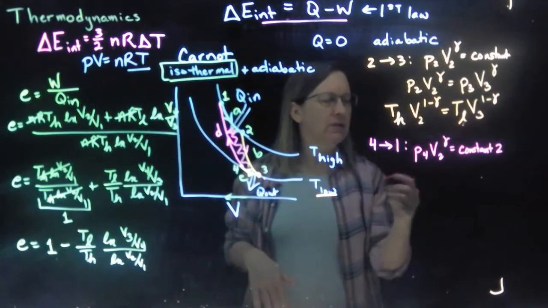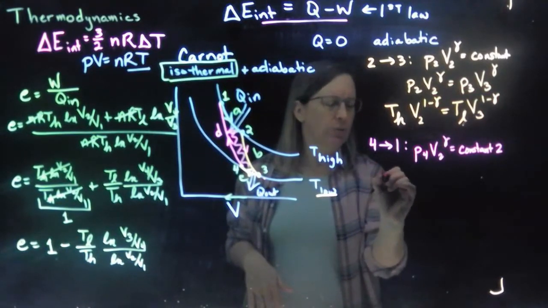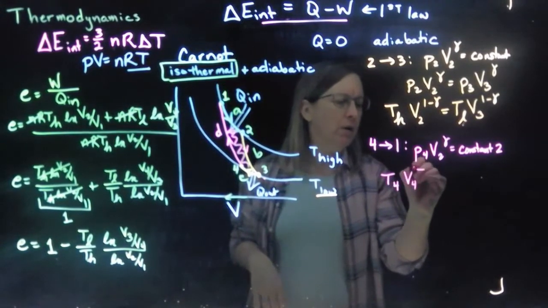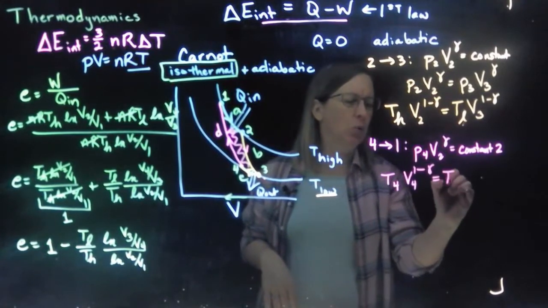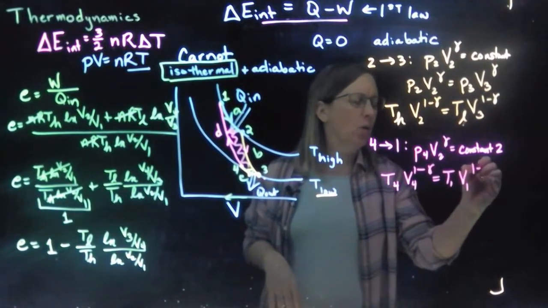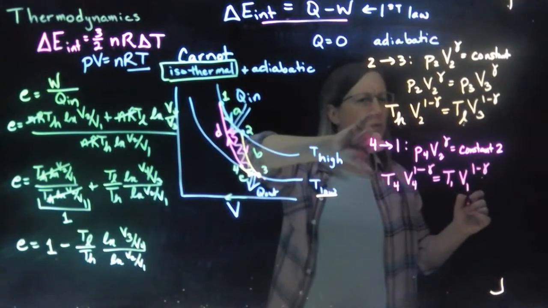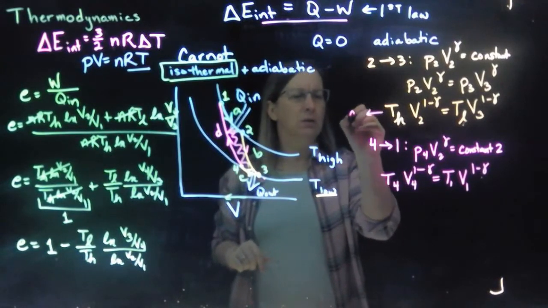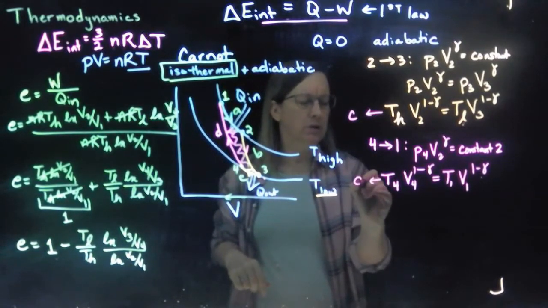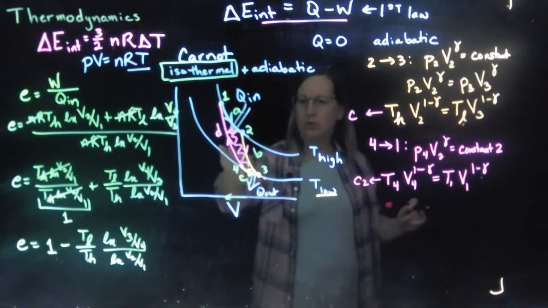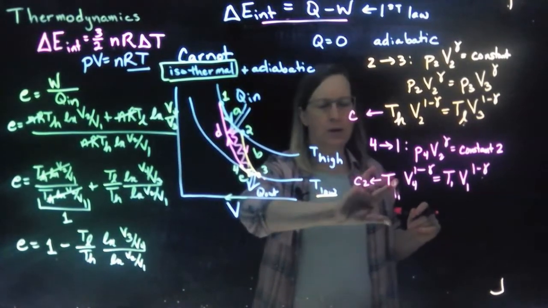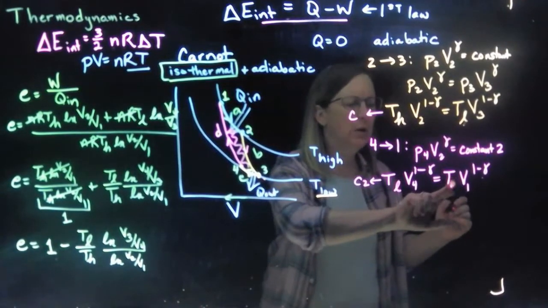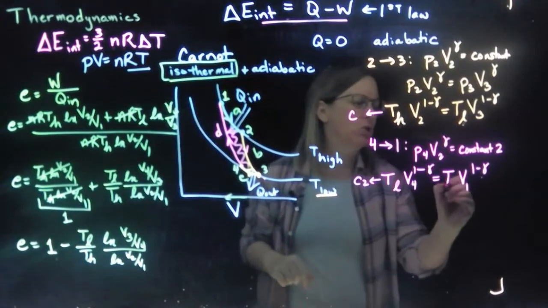And I'll skip to the second type of relationship, which is T4 V4 to the 1 minus gamma equals T1 V1 to the 1 minus gamma. These are not equal to the constant above; this is equal to constant number 2, for example. Now, T4 is the temperature at point 4, which would be temperature low. T1 is the temperature here, which would be temperature high.